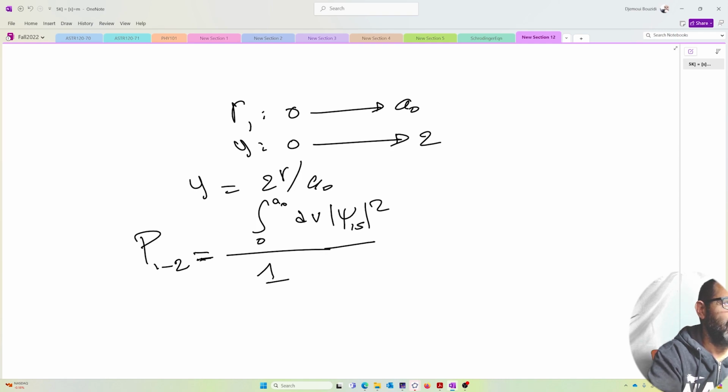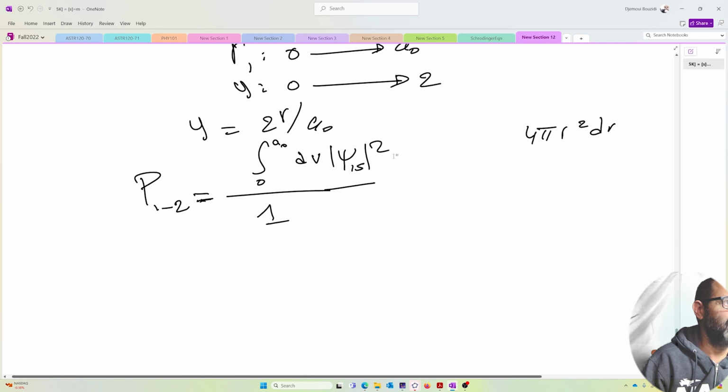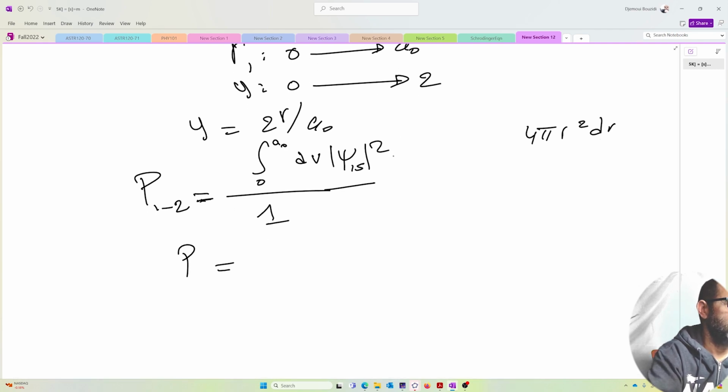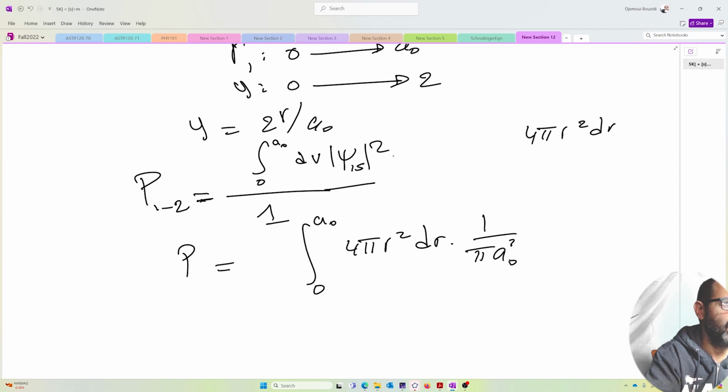Again, the volume in here is still given by 4 pi r squared dr. So with my suitable change of variable, everything should be fine. So this probability then is equal to the integral from 0 to A naught. Let's still deal with r. It's 4 pi r squared dr times 1 over pi A naught cubed, I'm sorry, exponential of negative 2r over A naught.